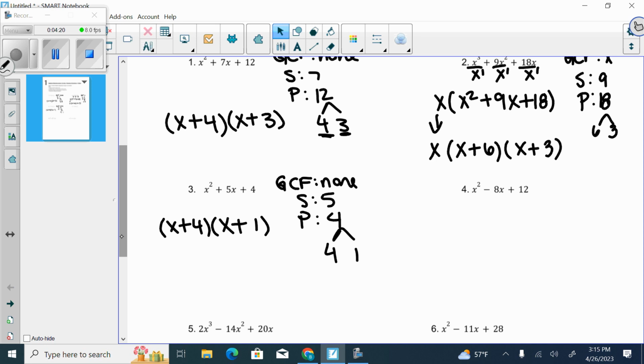All right, number 4. Does number 4 have a GCF? No. Okay, so no GCF. What's its sum? Good. And product? 12. All right, so this one's a little bit trickier because they have to multiply to give us a positive, but add to give us a negative.